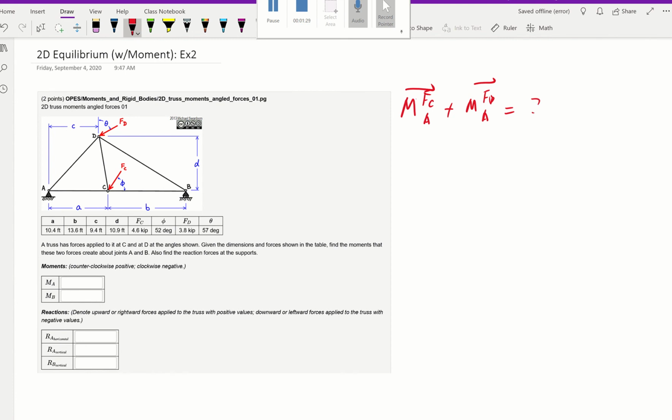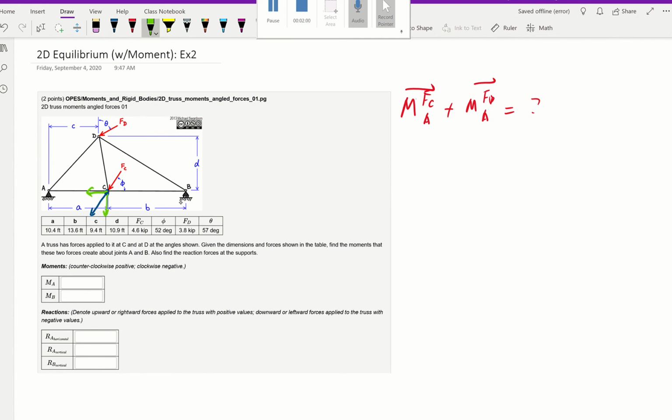How do we go about it? FC rotating about A, and it's applied at C here, right? So I'm going to move this force in the same direction and extend it, because it's applied at C. And this force is at an angle, so I'm going to decompose it into X direction and Y direction.